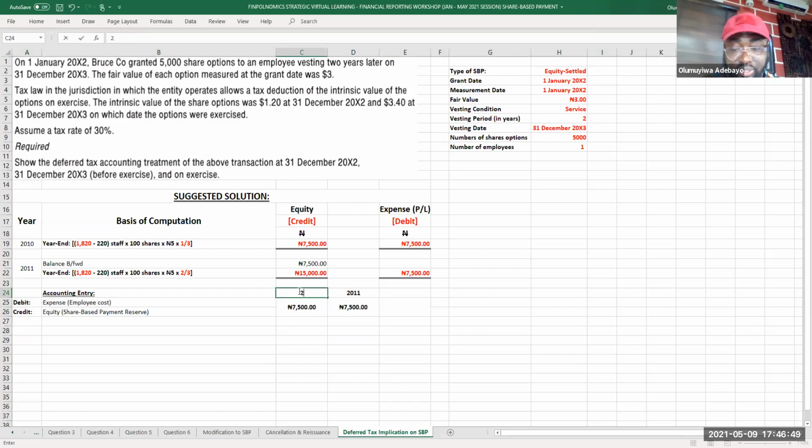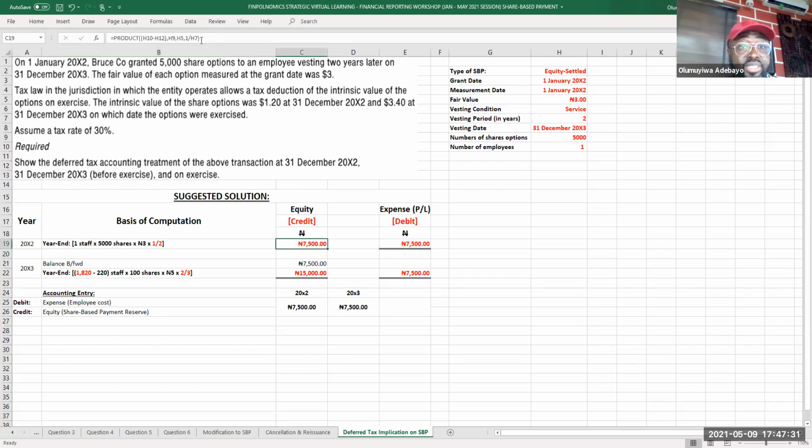Therefore, 20x2 and 20x3. This is what we'll have done because it's a singular employee, therefore it's only one staff, probably a very key management staff. And we have 5,000 shares, and each one is 3, and we're in the first of the 2 years.